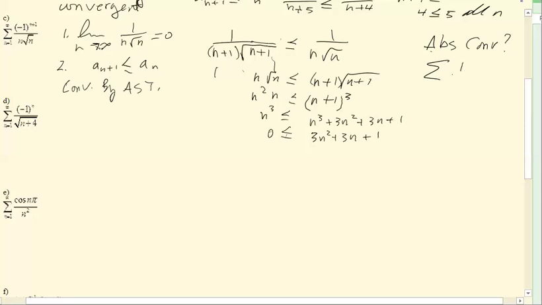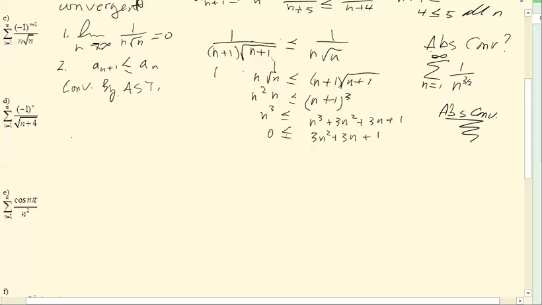You'd have this 1 over, it looks like n to the 3/2 when you look at it without the radical. So you have a p series, p greater than 1. This would be convergent. So we do have absolute convergence. Absolutely convergent. Okay.